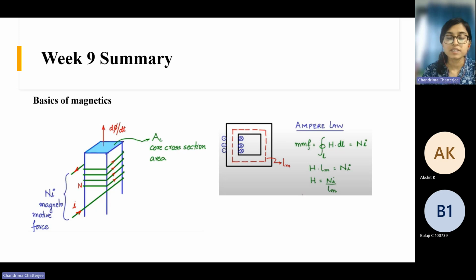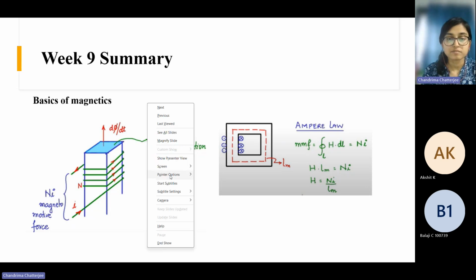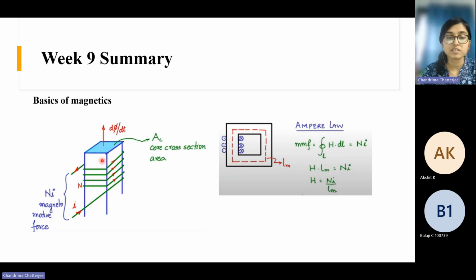The core is basically a ferromagnetic material through which the flux circulates, and the winding is nothing but a wire, a copper wire, made of some conductive metal. This is a very generic structure.